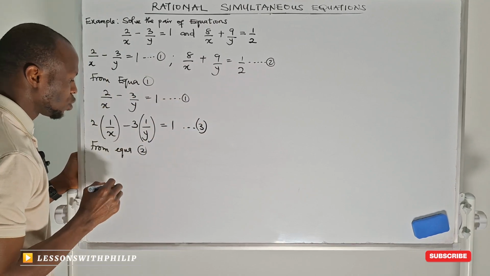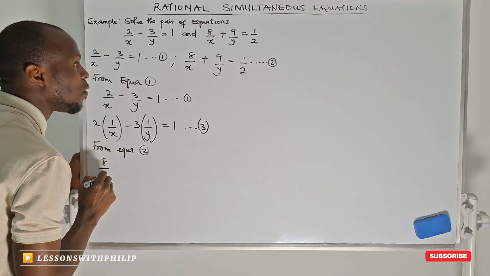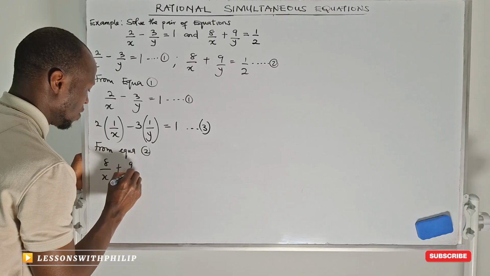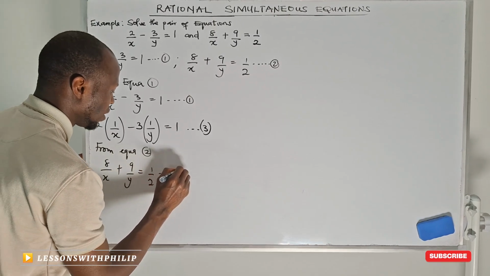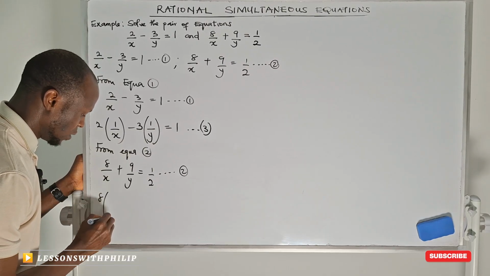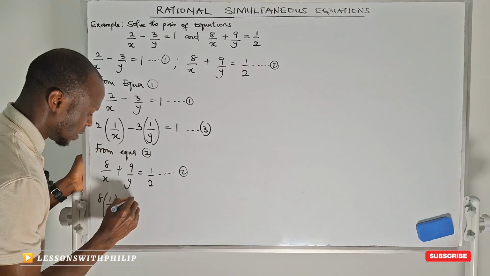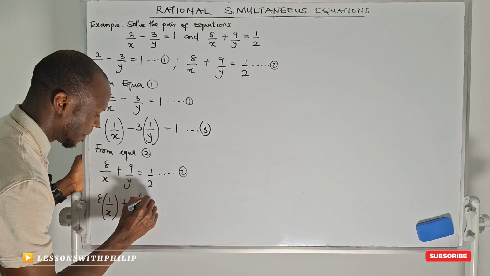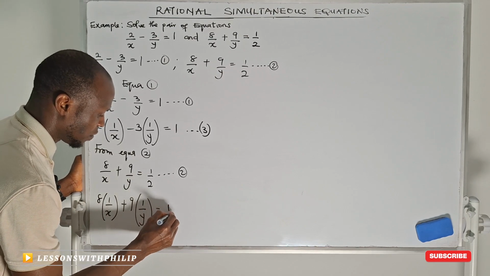Now equation 2 says 8 over x plus 9 over y equals 1 over 2. This is my equation 2. And this is the same thing as 8 into bracket 1 over x plus 9 into bracket 1 over y, which equals 1 over 2.